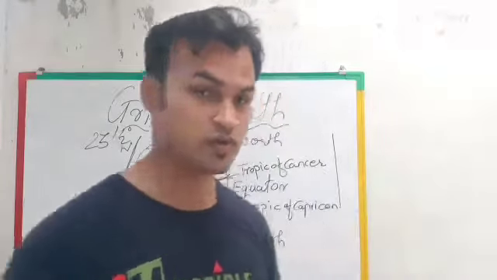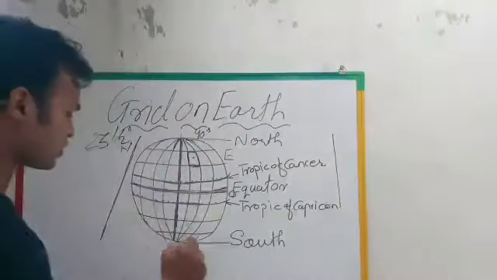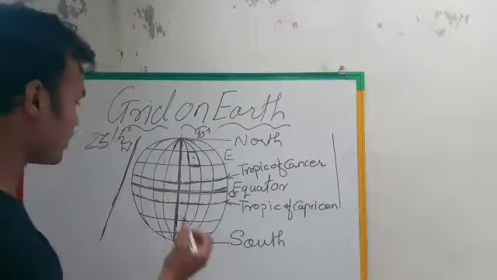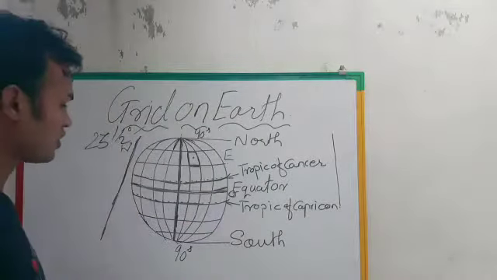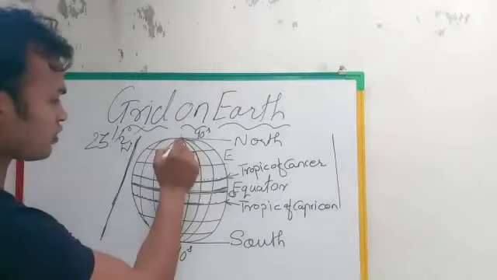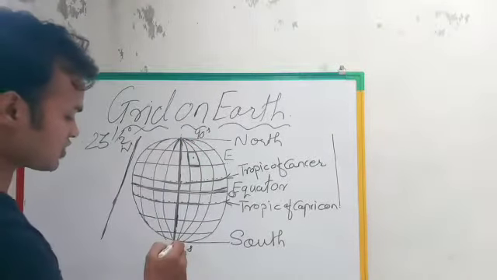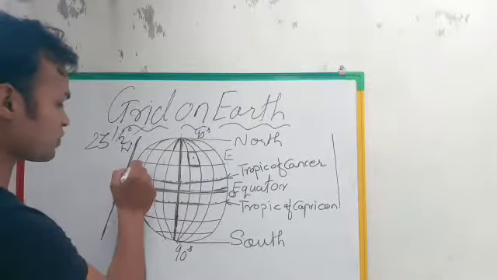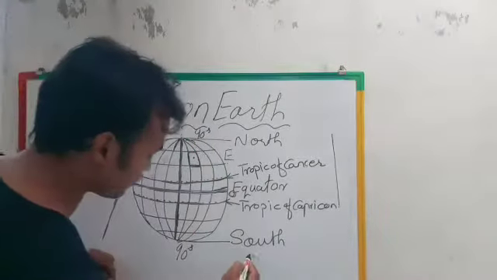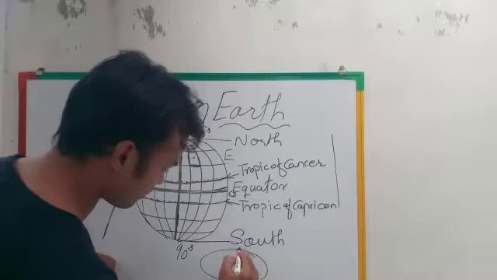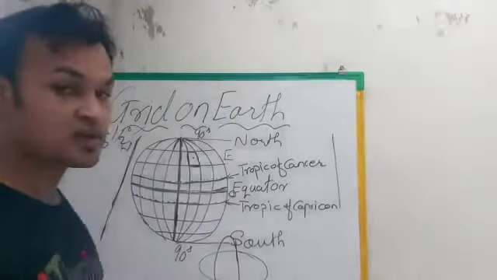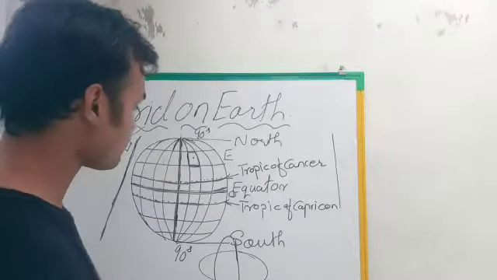Now just understand the shape of the earth. The earth is tilted at 23.5 degrees. We have the longitude lines which come from the north to the south, and the latitude lines which go from west to east. It is round.